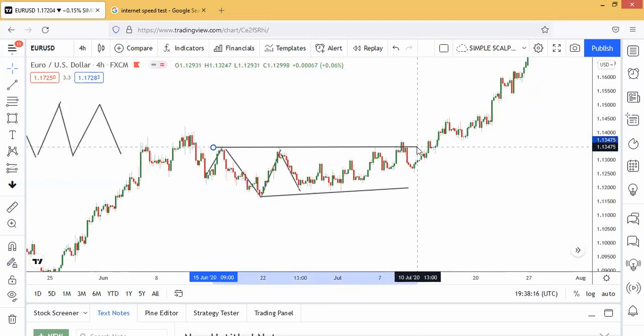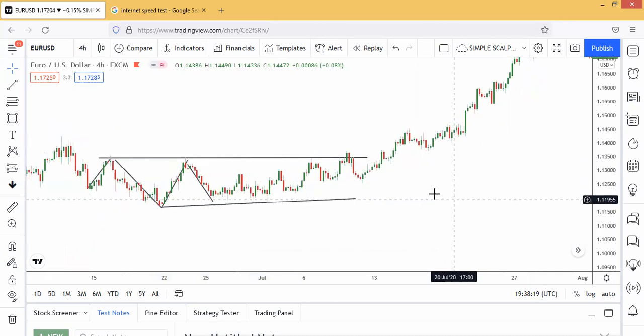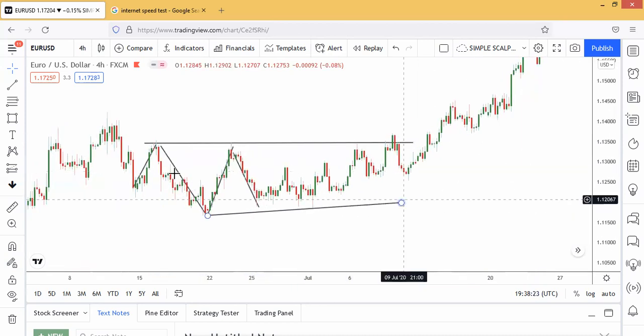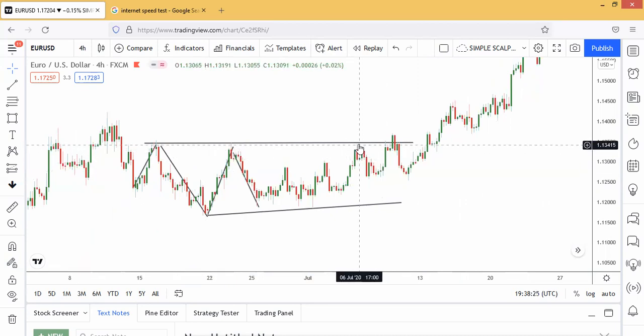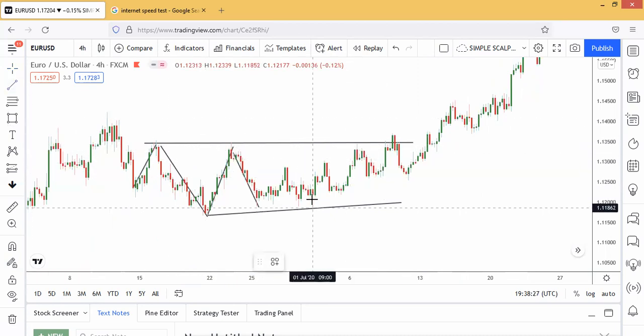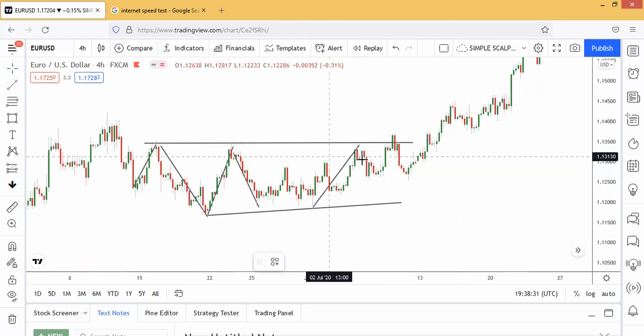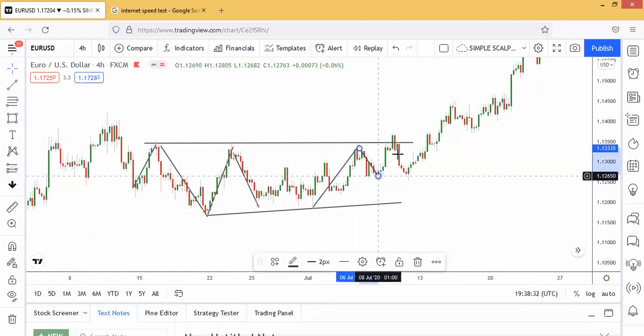Look at. Now this better explains what I want to talk about, being aggressive and not being aggressive. Now look at. So another touch happened right here from the downside to this place. Okay, price came down. So we are waiting for the breakout of this area before you can take a trade.